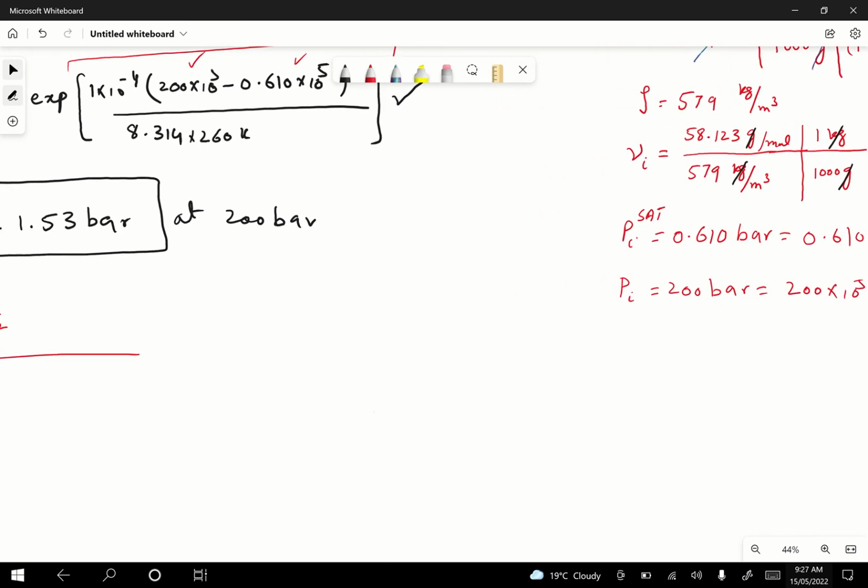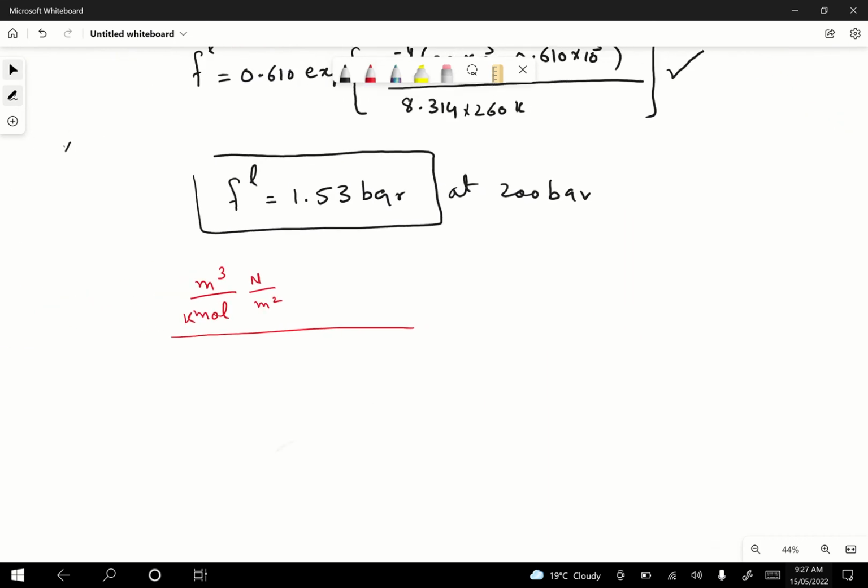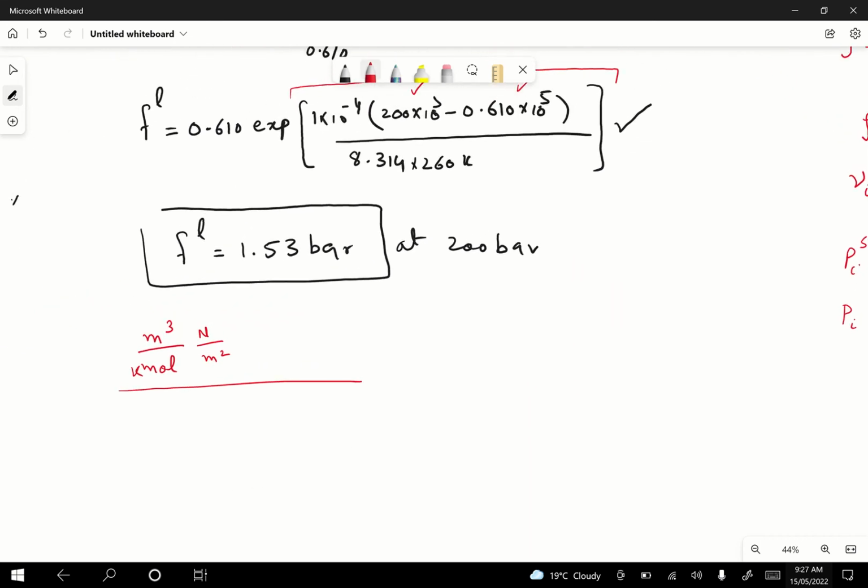Okay, now R is 8.314 kilojoule over kilomole Kelvin, and temperature is Kelvin, right? So now we can cancel Kelvin with Kelvin, kilomole with kilomole, and meters with meters here.